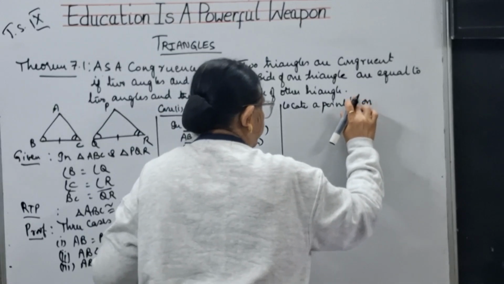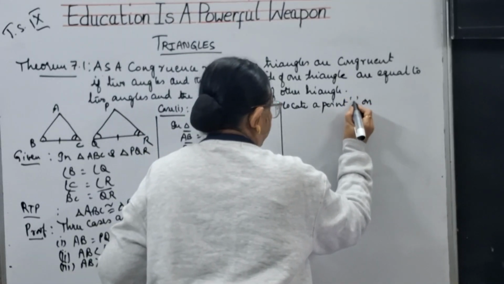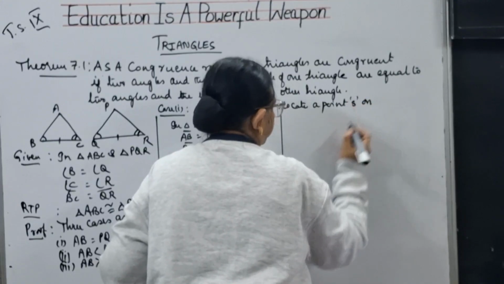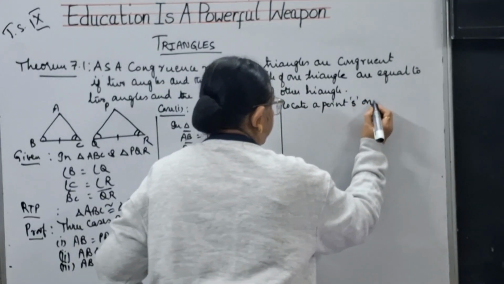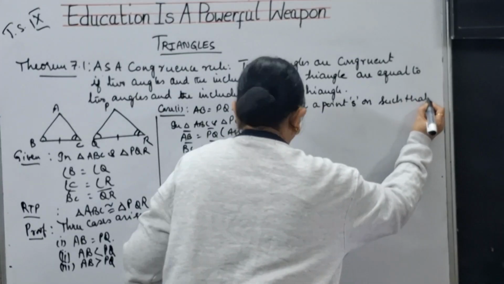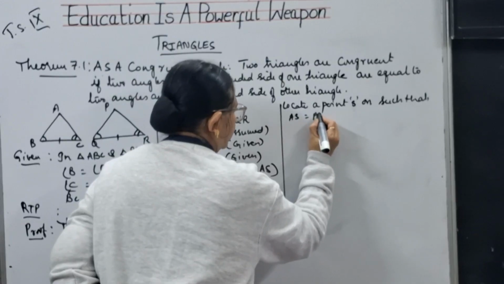Let me write a point S on AB such that AS is equal to PQ.